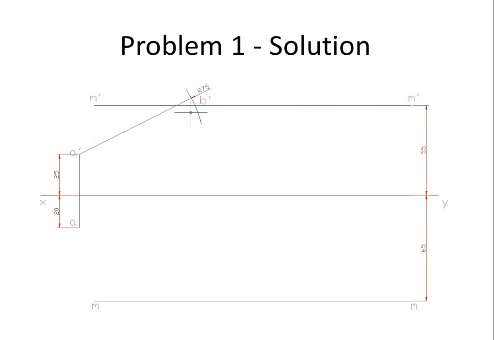So now from A dash, we draw at 75 mm, we draw B dash on the locus. Now we join A dash and B dash, which is actually representing the true length, the projection of the true length on VP.